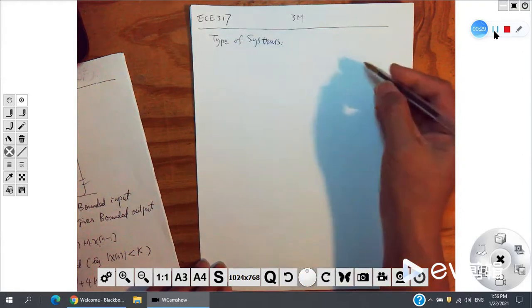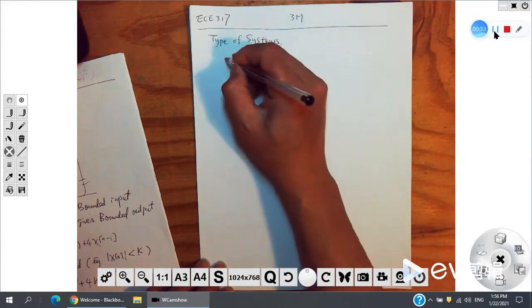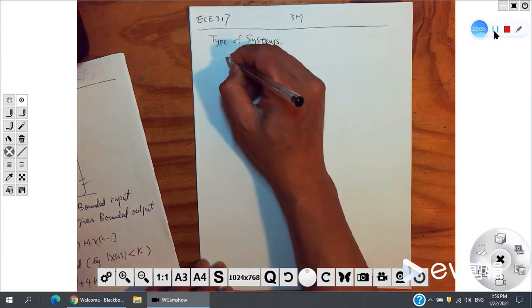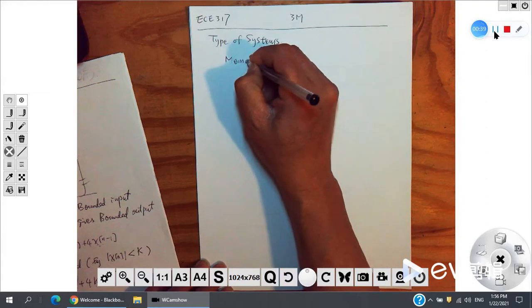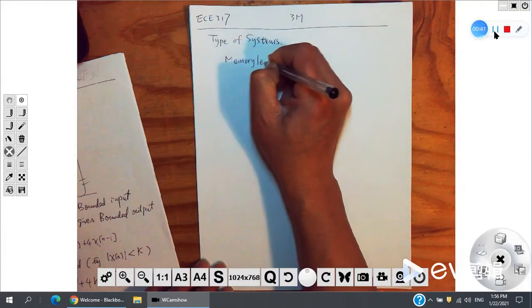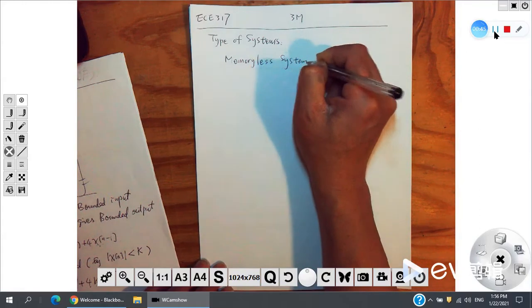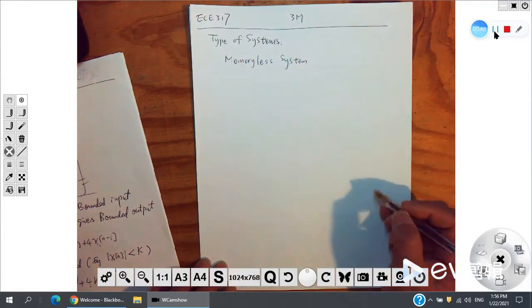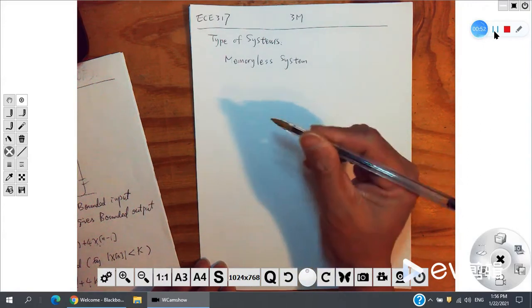Firstly, let's review something. Types of systems, we have several types. We already discussed the memoryless system. This is a kind of system where the current output value only depends on the current input value.